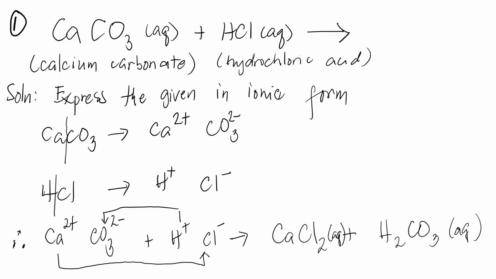Okay? Now that you have the products calcium chloride and carbonic acid, check now in our solubility table if both of them will be in aqueous or one of them will be solid or will precipitate.